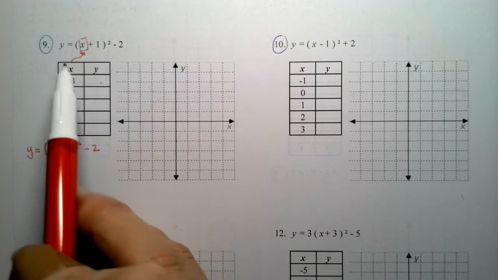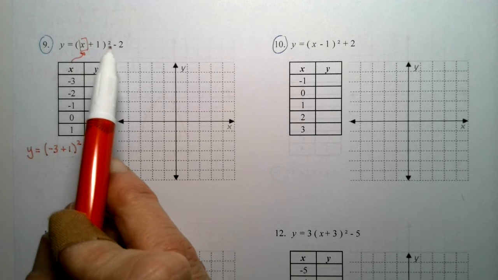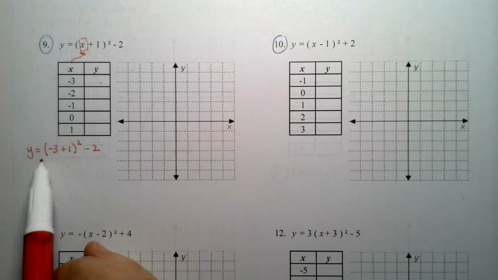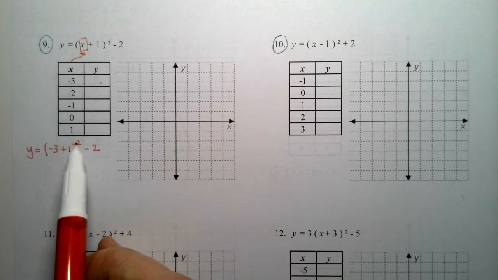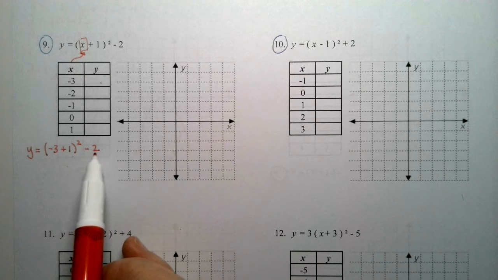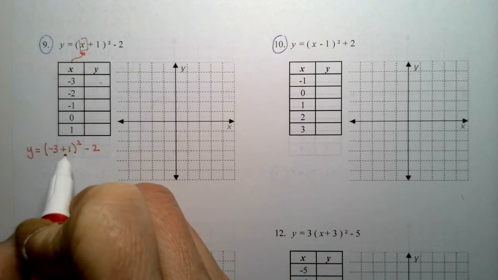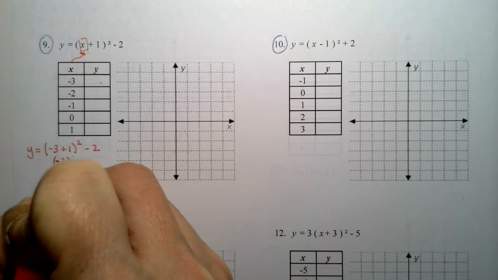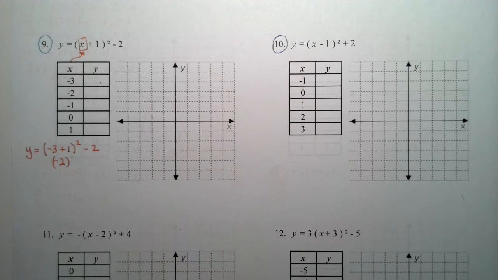So here you see y equals x plus 1 quantity squared minus 2. When x is negative 3, that's going to be y equals negative 3 plus 1 squared minus 2. So what is y when x is negative 3? Negative 3 plus 1 is negative 2. You can use a number line or a calculator.